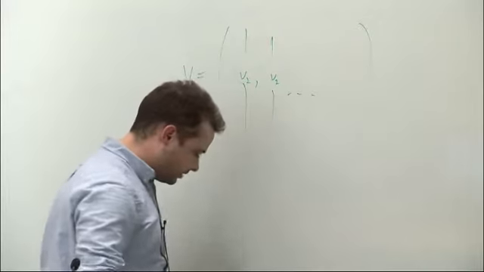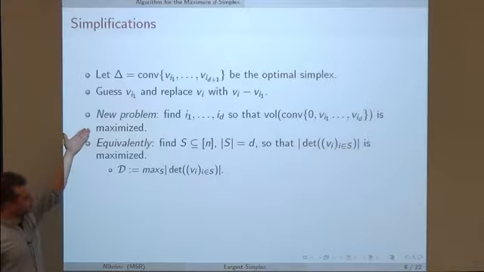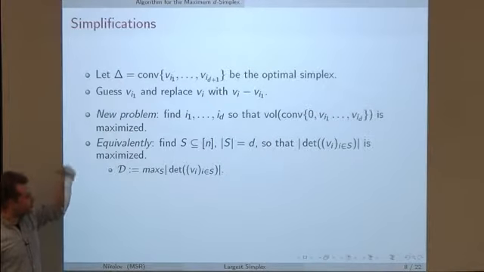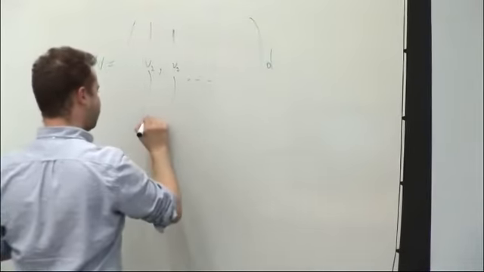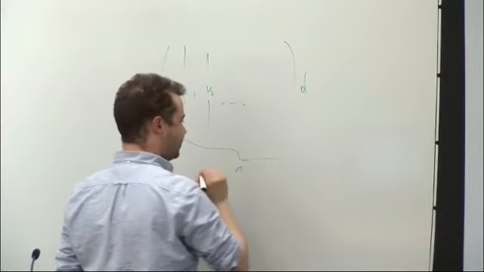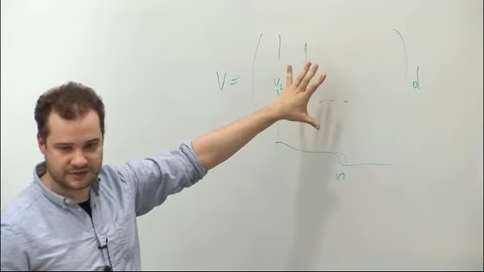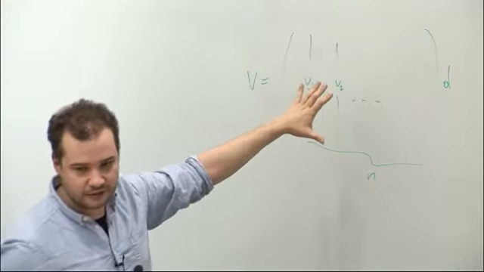Okay, and now I'm claiming that this problem of finding these d points whose convex hull together with 0 has the largest volume is the same as finding a d by d submatrix. So here the dimension is d, and this dimension is n. So that problem is equivalent to finding a d by d submatrix of this that has the largest determinant in absolute value.